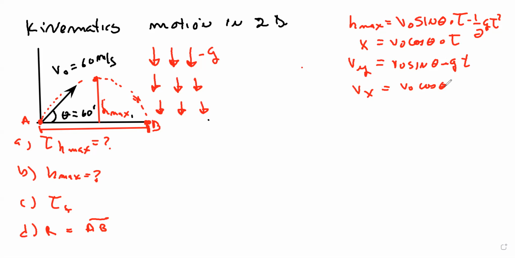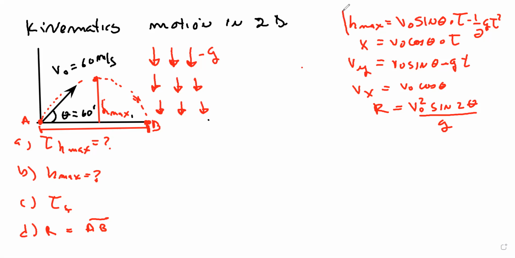Okay, and then we have another equation for the range. The range is going to be V0 squared sine of 2 theta over g. So we have all these equations to play around with.